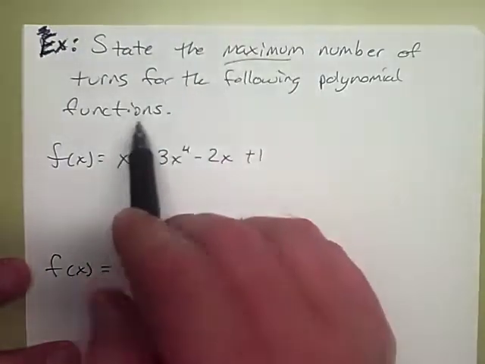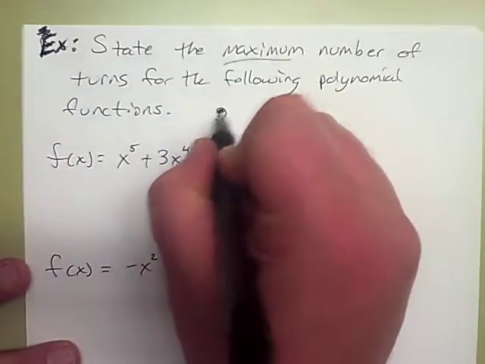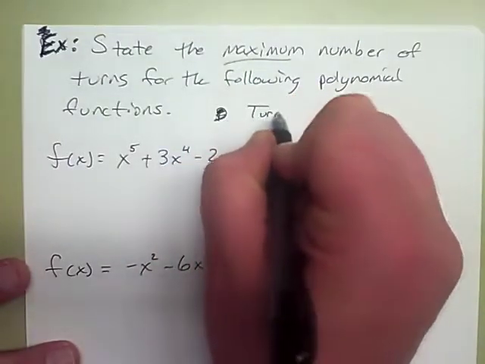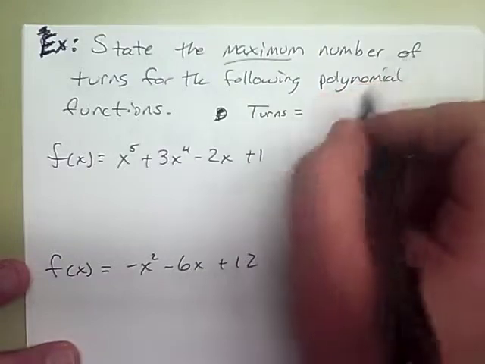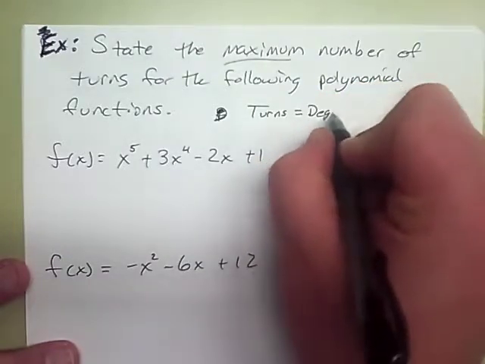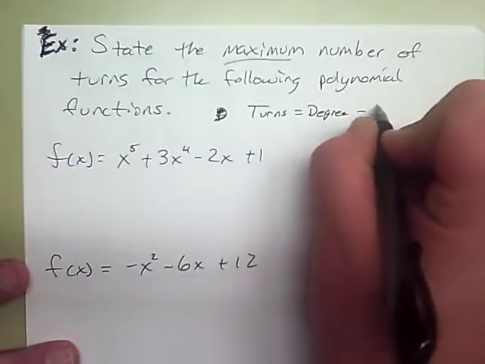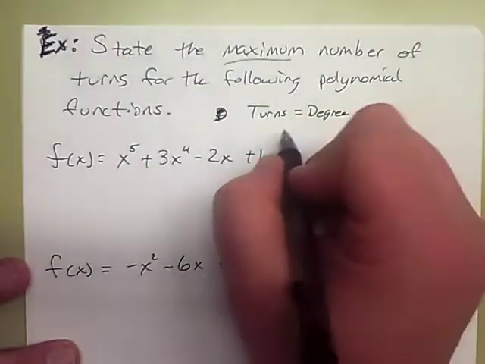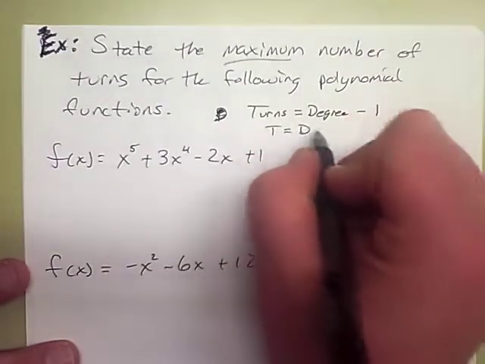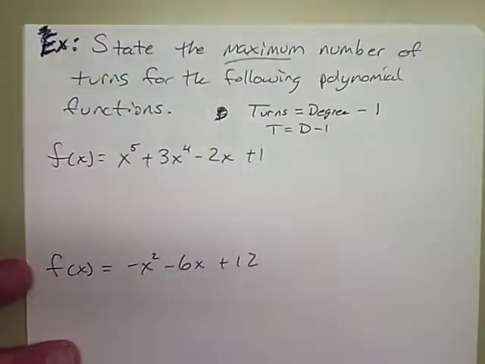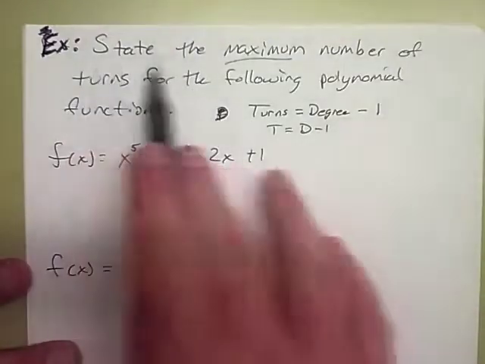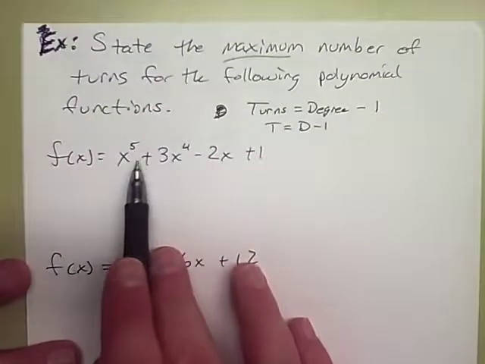But the maximum number of turns is always equal to the degree minus 1. So you might see me write this as turns equals the degree minus 1. So all we have to do is state the maximum number of turns for these.